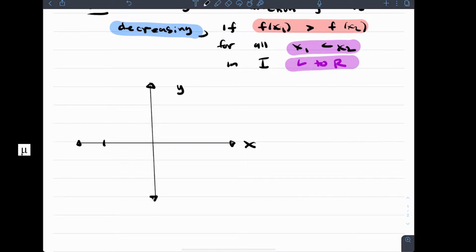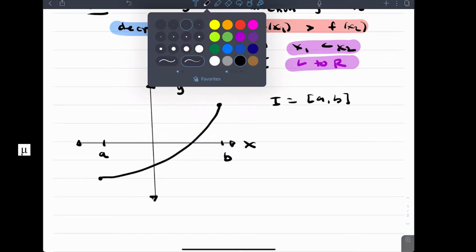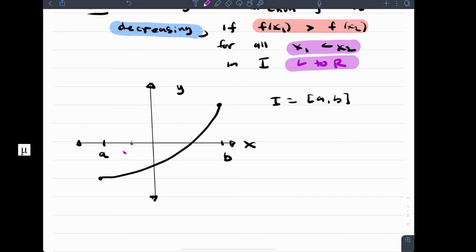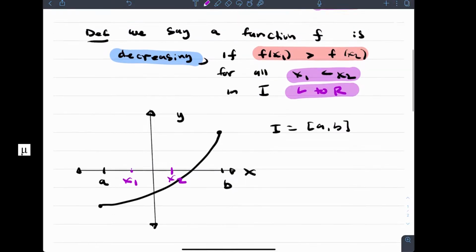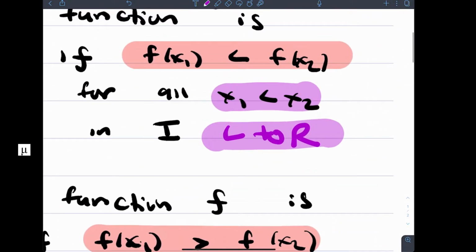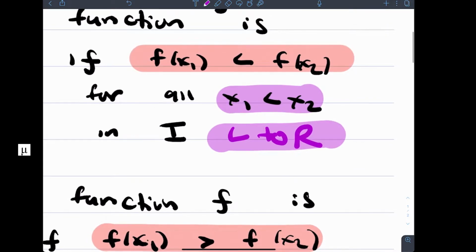And I'm going to say, here's my A to B. I'll move B over here. Okay, so I have my interval A to B. Now remember, you need an x1 and you need an x2. They have to be smaller. In other words, we're saying x1 is less than x2.